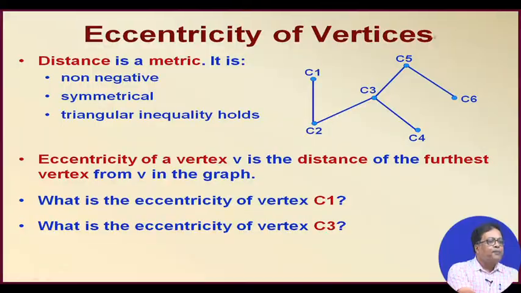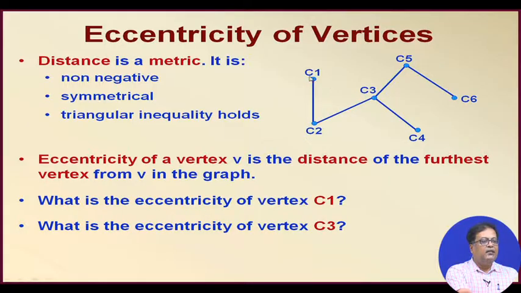So, here that distance is usually a metric because it is non-negative, it is symmetrical because C1 to C3 and C3 to C1 both are the same, and there should be the triangular inequality. That means C1 to C5 should be less than C1 to C4 plus C4 to C5.